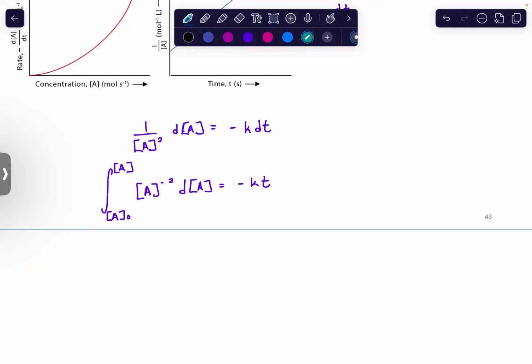And this is where any of you who take calculus, this is called the power rule. And so you have a formula that solves the integral.